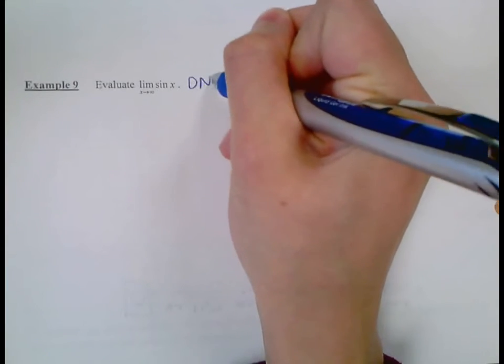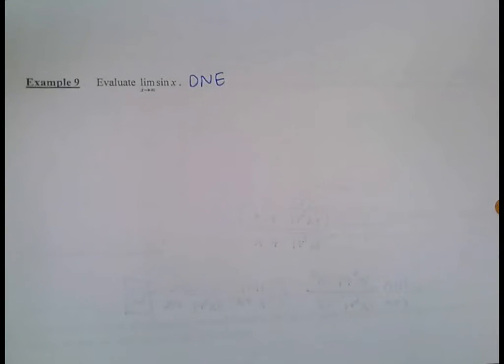Yep, so it oscillates. It continually goes from -1 to 1 over and over again. So does it approach anything? No, so this doesn't exist. So all of you Mean Girls fans, if the limit never approaches anything, it doesn't exist. The limit doesn't exist. Sine of x doesn't approach anything.